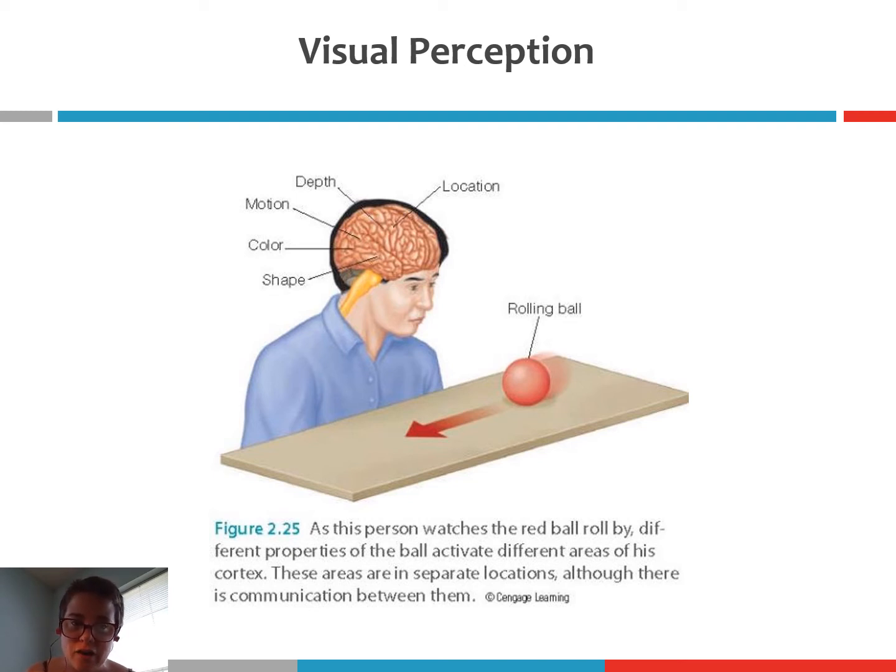Different structures of the brain are going to code for various aspects. So, for example, the location of the ball, depth perception, indicating the motion, color, and shape of the ball, all of those basic perceptual properties are going to be represented, again, by different areas of that cortex, or that most recently evolved area of the brain.